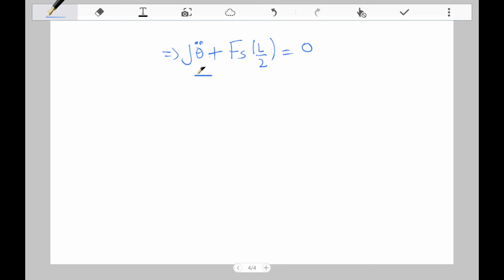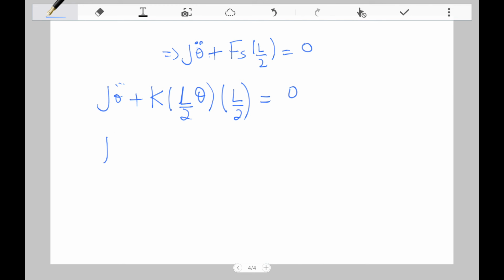Sweet. So let's sub in Fs. That's going to be K times L over 2 theta, bracket close, and times L over 2 equals 0. So that's going to be K over 4 L squared theta. Doesn't that look similar to the equation of motion?